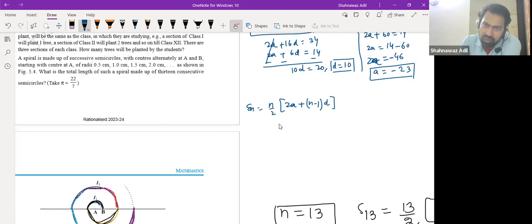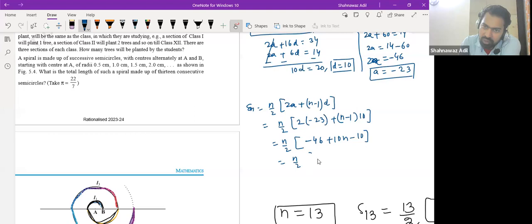So n by 2 times (2a plus (n minus 1) times d), and this is n by 2 times the simplified bracket.